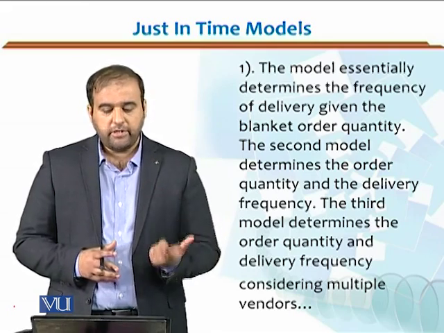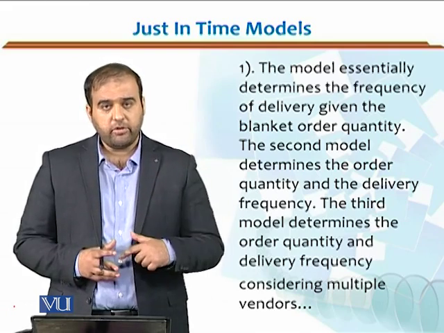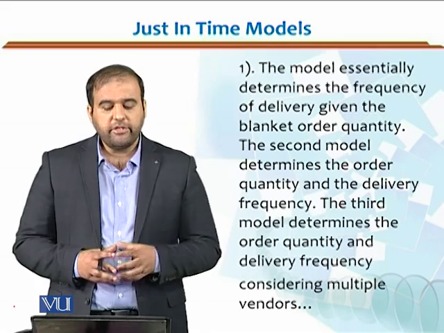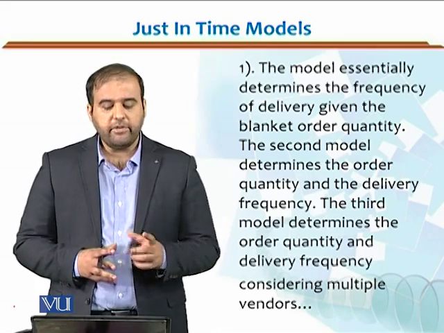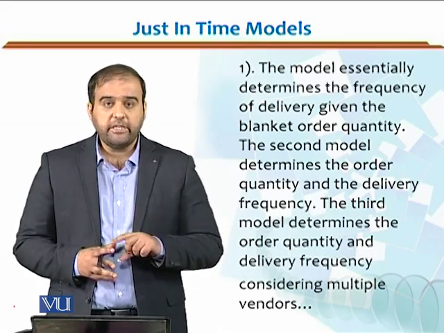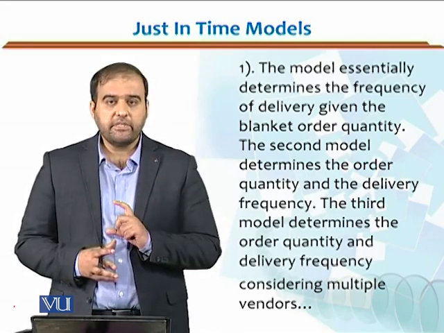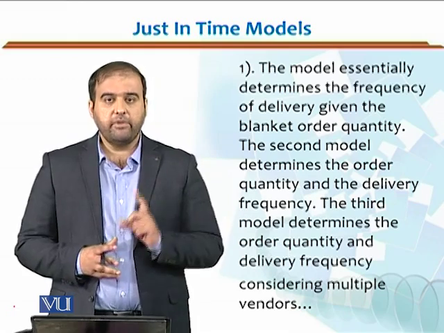The second model is about determining the order quantity and the order frequency simultaneously. The third model determines the order quantity and delivery frequency considering multiple vendors. So order quantity plus order frequency when there are multiple vendors with you.